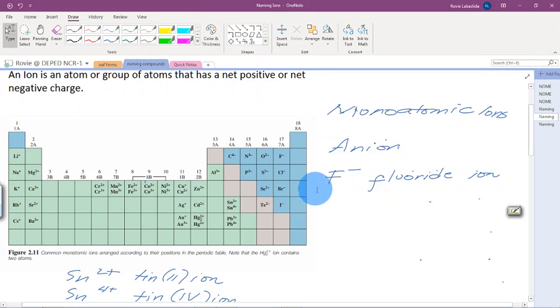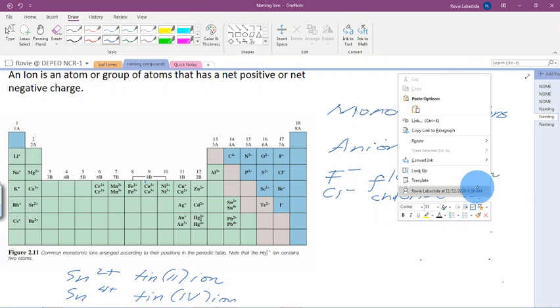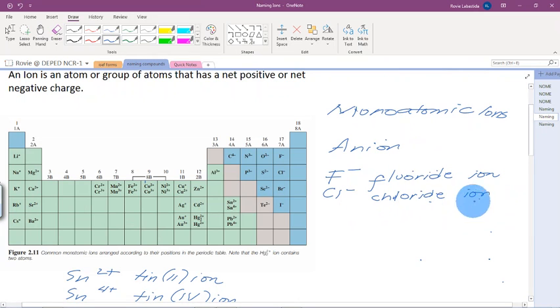Let's have another example. Let's have Cl-. Let's take the root term for chlorine and add the IDE suffix. So this one is chloride ion.